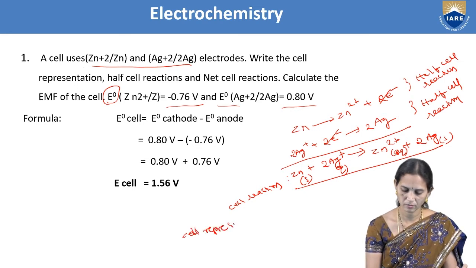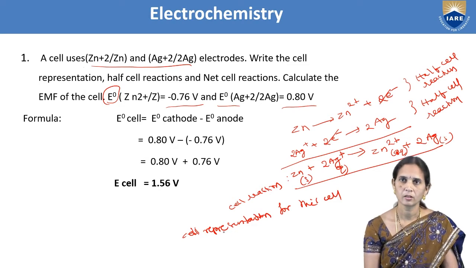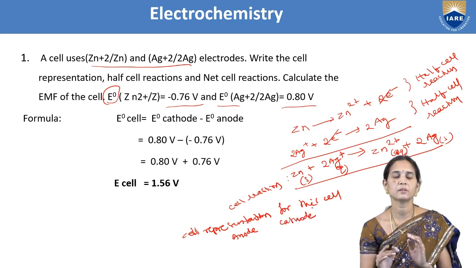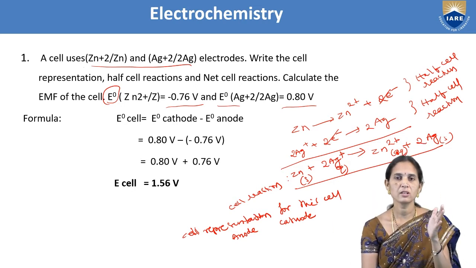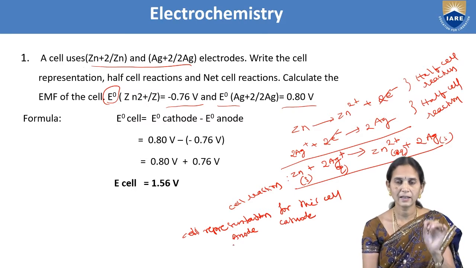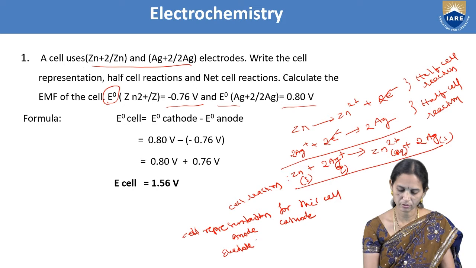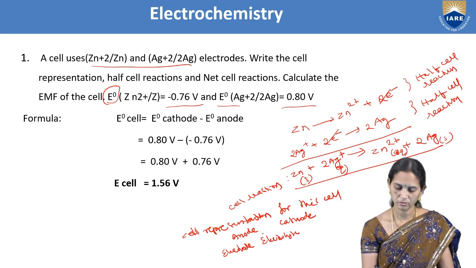In a cell representation, always on the left hand side we write the anode, and on the right hand side the cathode. On the left hand side, the anode, we first write the electrode, then the electrolyte. We separate electrode and electrolyte with a slash.